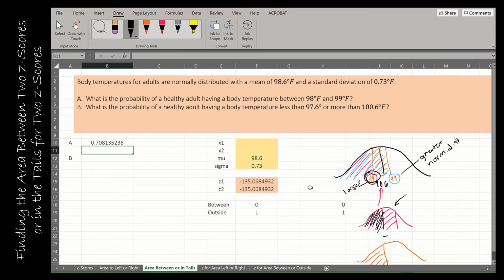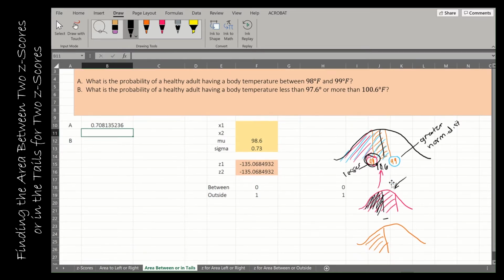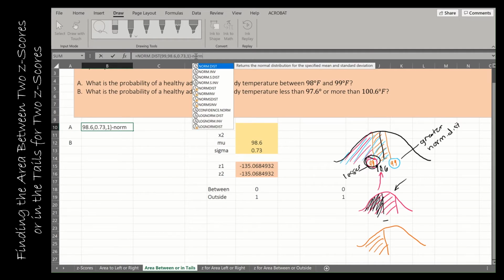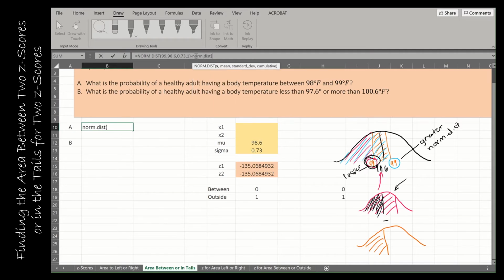Now, if I just ended it right there, that's everything to the left of 99. Now remember, I need to take away everything to the left of 98, so I'm only left with this part between 98 and 99. So I'm going to go back up here, and then I'm just going to subtract, and then I'm going to use norm dist again. Now, again, I'm just finding area to the left, so I don't have to worry about 1 minus anything.